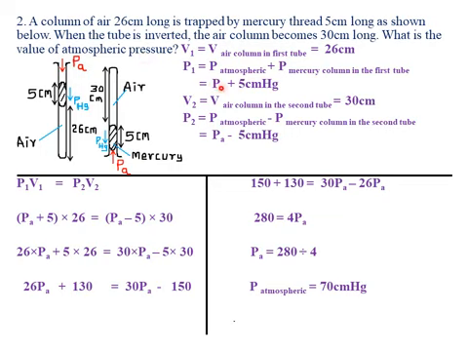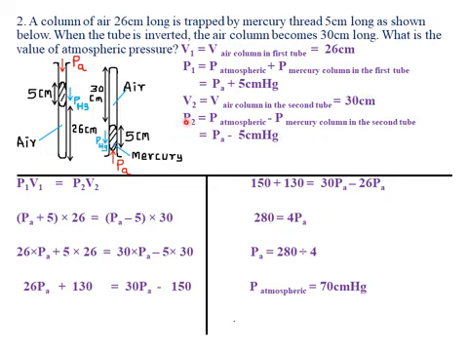So P1 is PA plus 5 centimeters of mercury, the total pressure being exerted on the air in the first column. Then the volume of air in the second column is equal to the length of the air column in the second tube, which is given as 30 centimeters. Therefore, V2 is 30 centimeters.